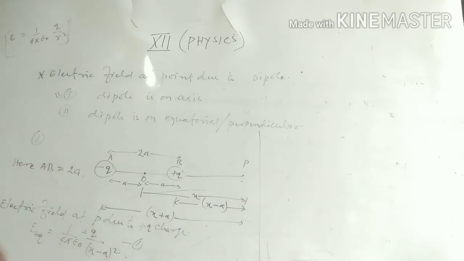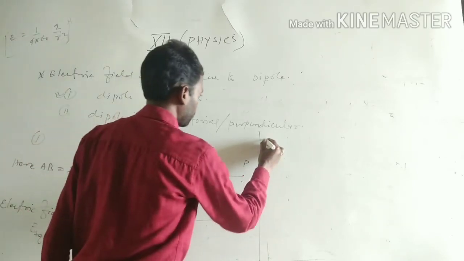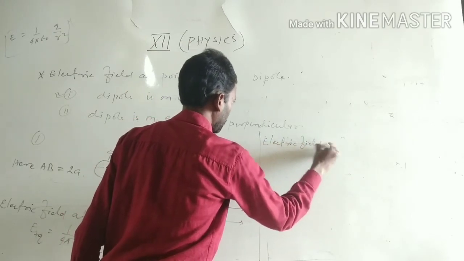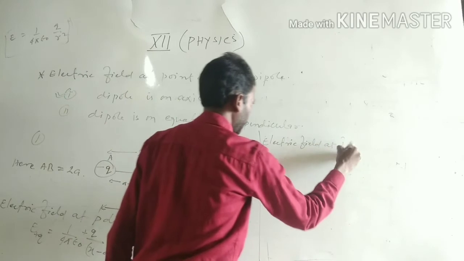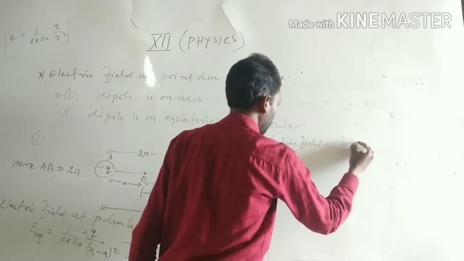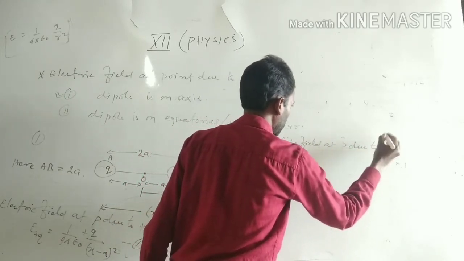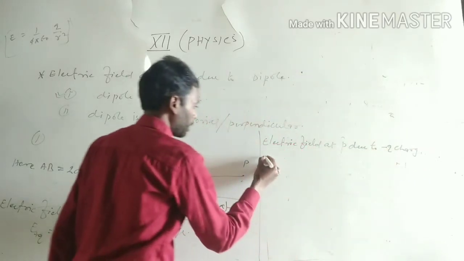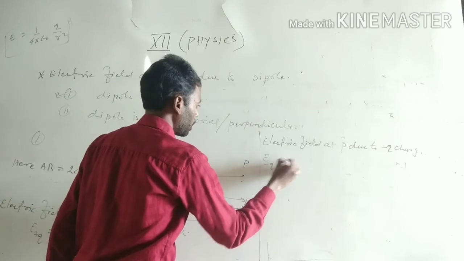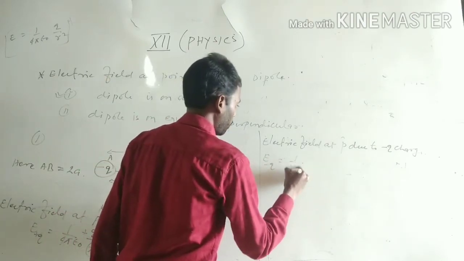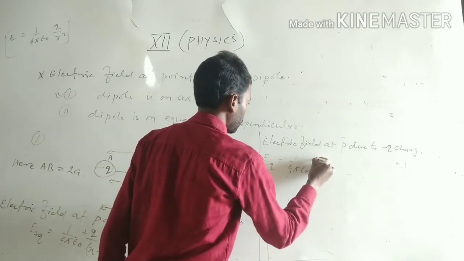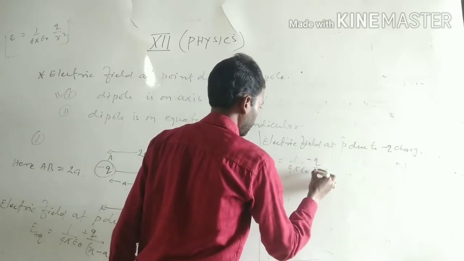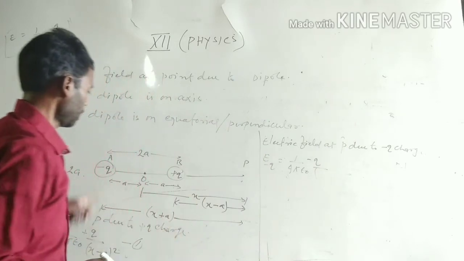Similarly, the electric field at point P due to the minus Q charge: E minus Q is equal to 1 by 4 pi epsilon naught, with minus Q divided by the distance.